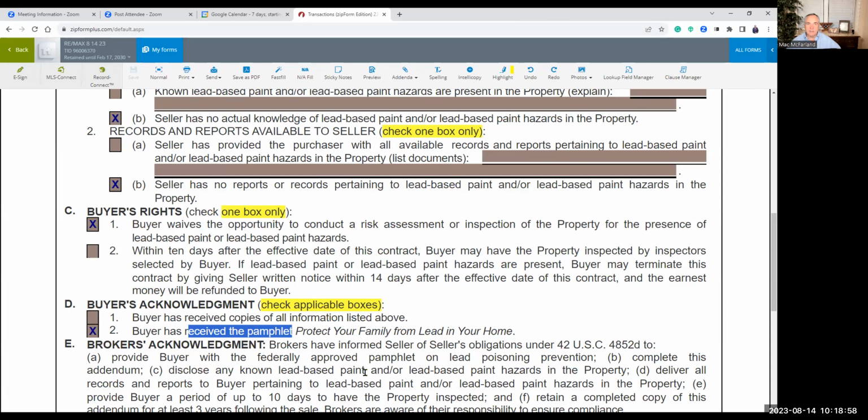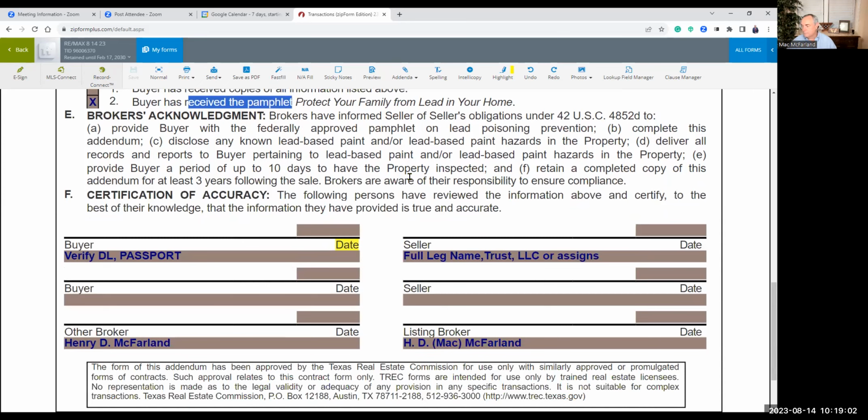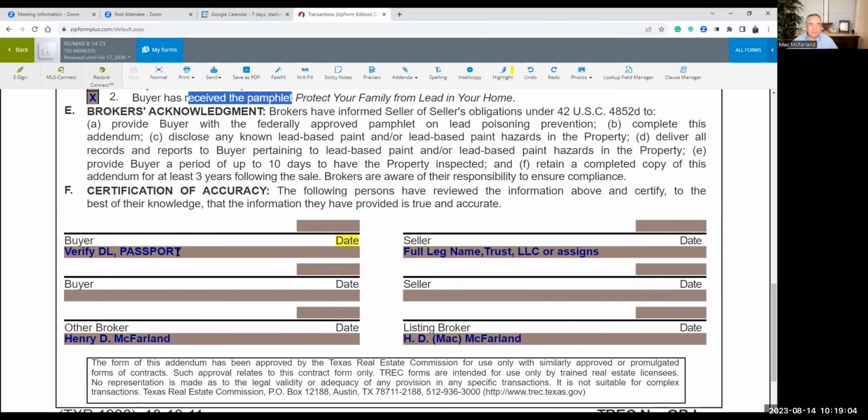As long as we make sure they get the pamphlet, they check this, and they sign down below like they're supposed to. Right? Some of you see me kick this back where I'll say the other broker needs to sign it. Well, I was working for the seller and with the buyer. Okay, did you give the buyer the information? Yes. Then you need to sign it.